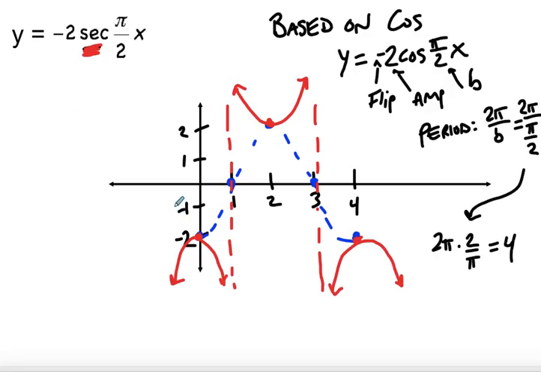So just as a little recap, anytime you're doing cosine, sine, secant, cosecant, your period is 2 pi divided by b.